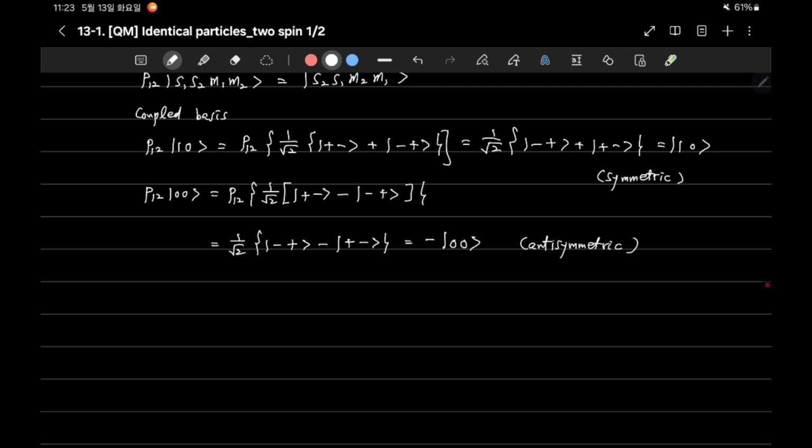Basically, it means that the 1, 0 state and the 0, 0 state are eigenstates of this exchange operator, with eigenvalue plus 1 in the 1, 0 case and eigenvalue minus 1 in the 0, 0 case.